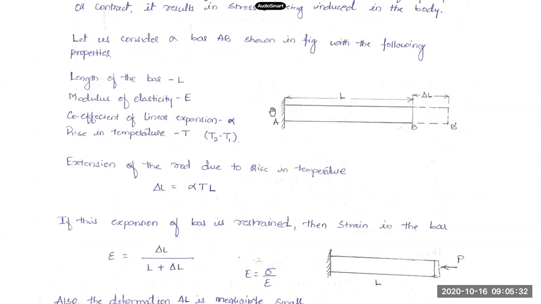For example, in this case, this is a bar AB of length L, and the temperature has increased from T1 to T2. The initial temperature was T1, and the final temperature is T2.